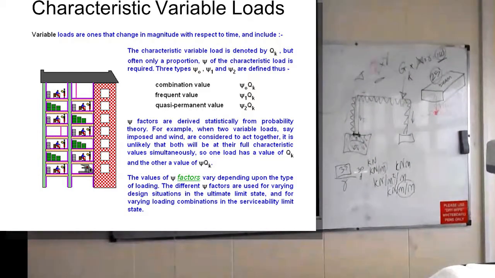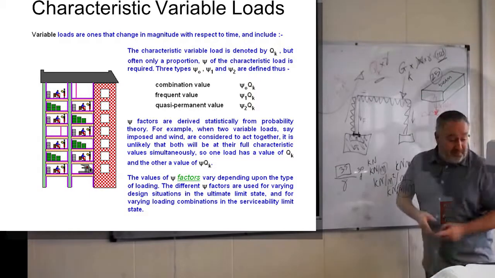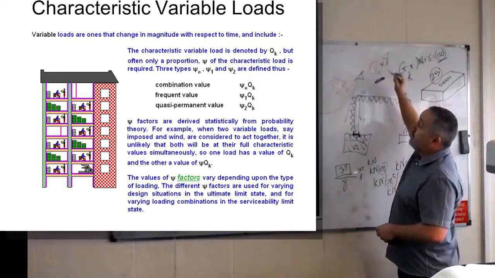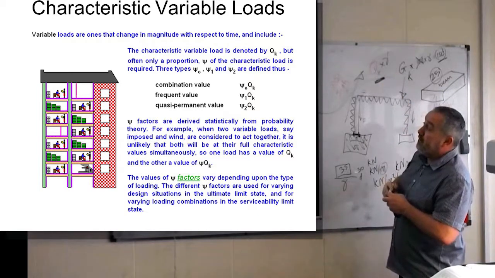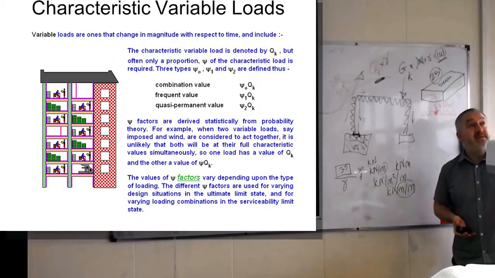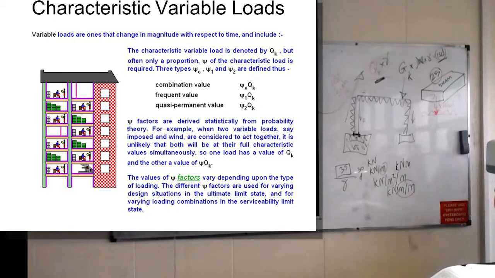So we're on page 10 of the handout. What you'll find is for the live loads, you also have other factors of safety, not factors of safety, variations, depending upon the scenario.